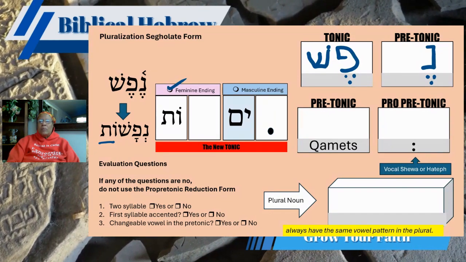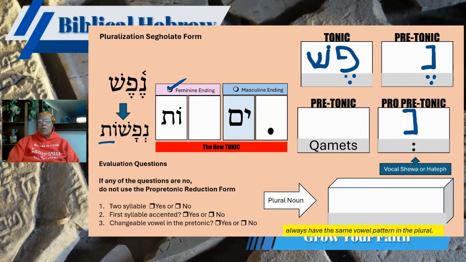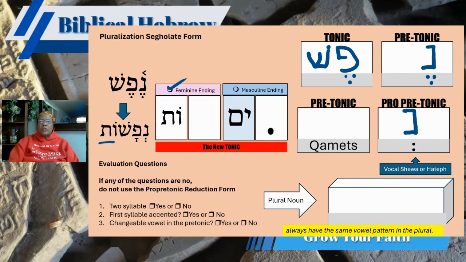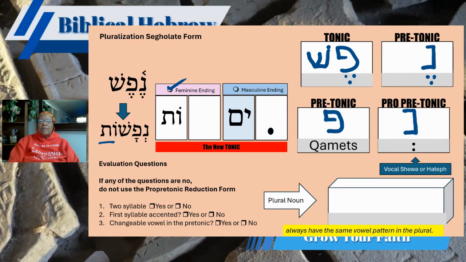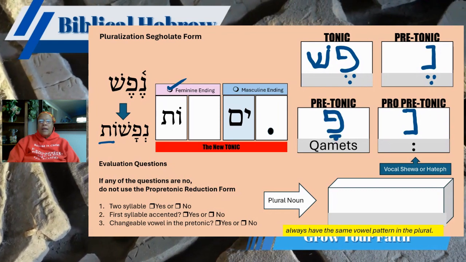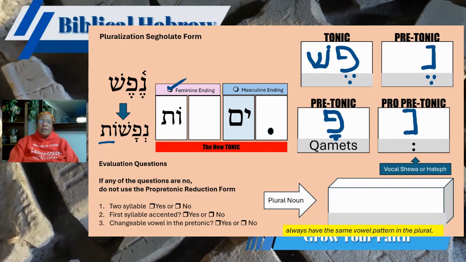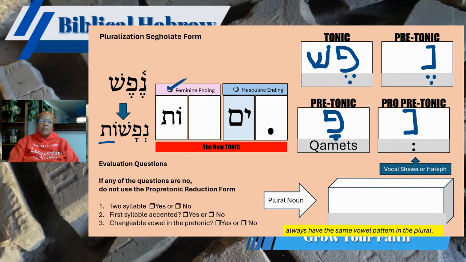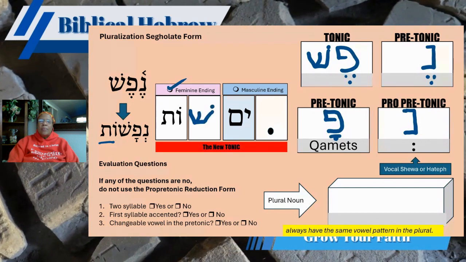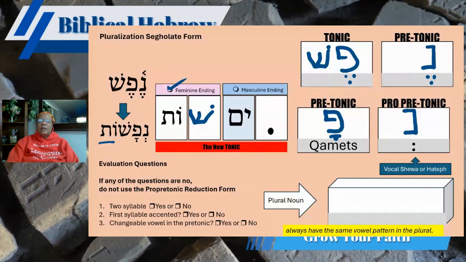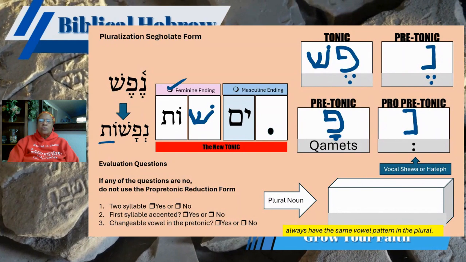Continuing on, we're plugging and playing. We got rid of the segol, and we have a schwa because it's been reduced. The fe becomes a fa. And then it is a feminine ending, so we're going to take the shin and plug it over here. And now we have ne fa shot, nefashot.